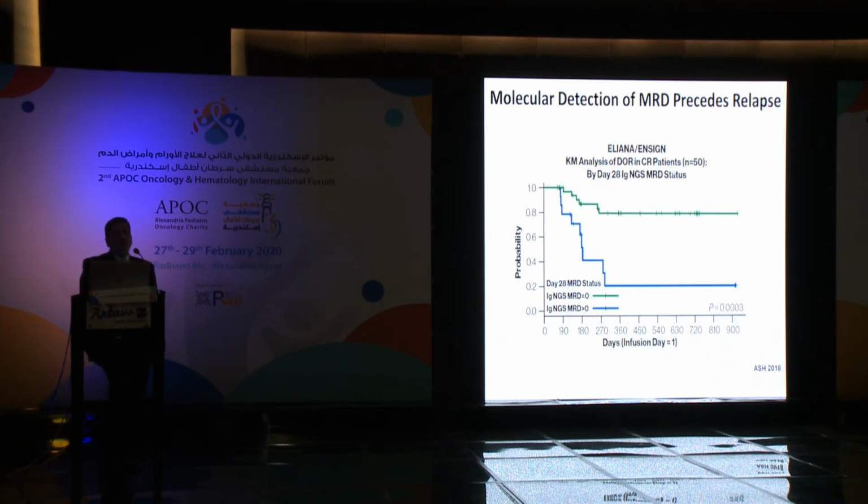The final slide that I wanted to talk about is the molecular detection of NGS-MRD after CAR T-cell therapy. This is from the Eliana trial and was presented at ASH 2018, where NGS-MRD was evaluated at day 28 marrow after CAR T-cell infusion, and clearly you could see if you were NGS-MRD negative at day 28 following CAR T-cell infusion, you have a much higher probability of survival or event-free survival compared to patients who are NGS-MRD positive at day 28.